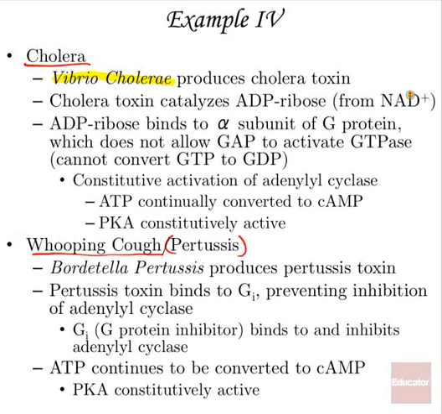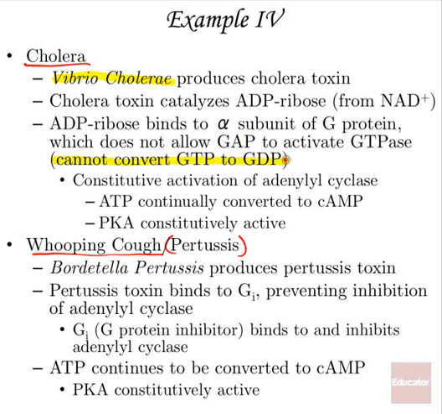Now, this ADP ribose will bind to the alpha subunit of the G protein, as we talked about in the previous slide, which doesn't allow the GTPase activating protein, GAP, to activate GTPase. So therefore, you can't convert GTP to GDP.